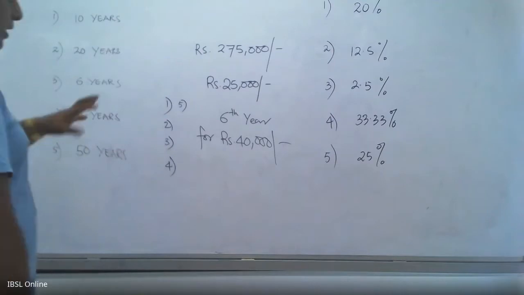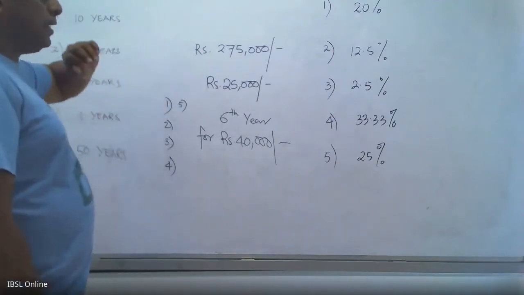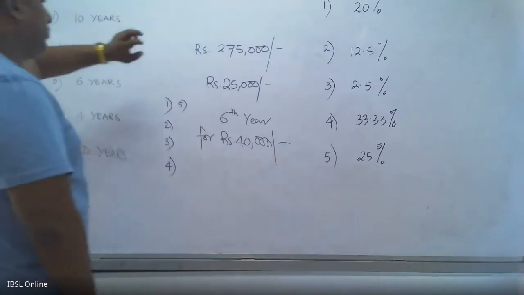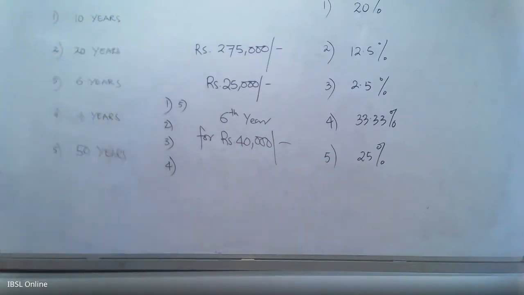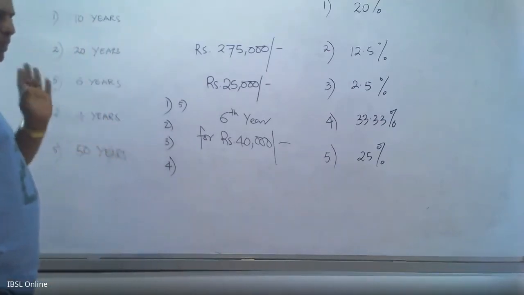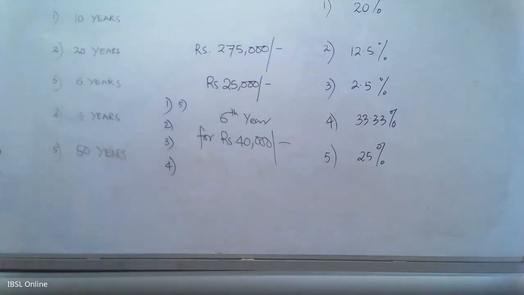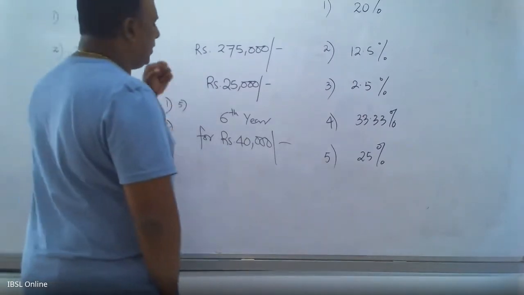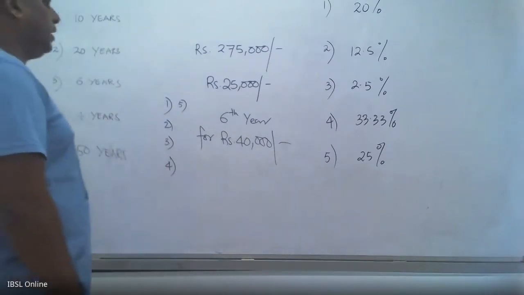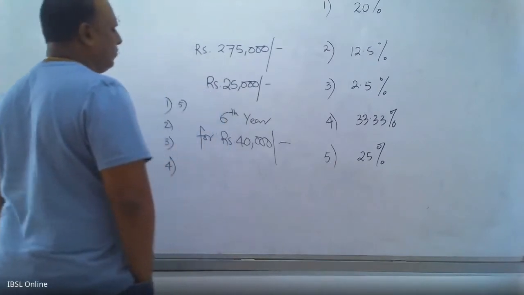So what is the question in summary? A company has purchased a special kind of machine at a cost of 275,000, and they expect that this machine can be used for about 5 years without any problem. They expect to get 25,000 if they dispose of it after the useful life.